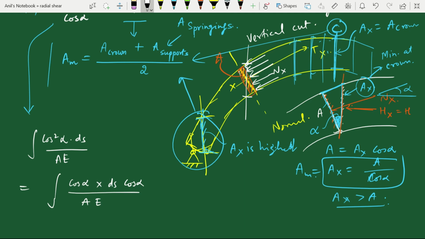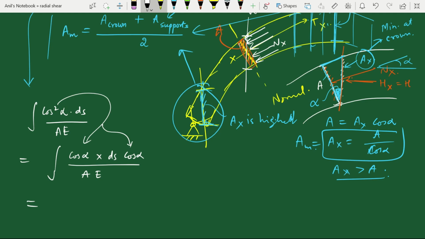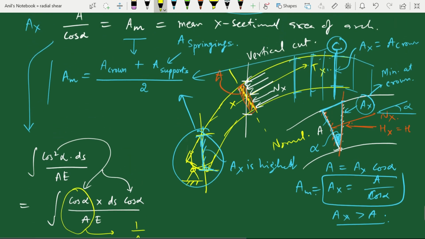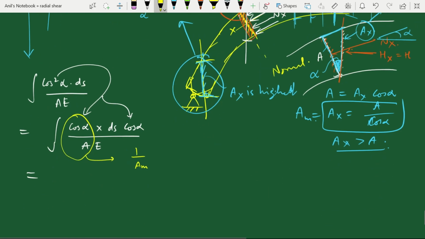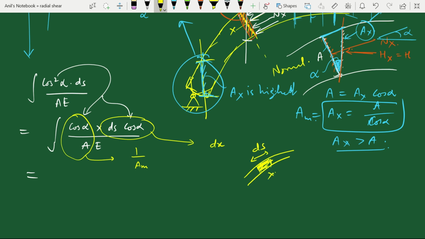So cos square alpha has been separated into two parts. Now here A by cos alpha is 1 by AM from here, and ds cos alpha is dx, because ds is a very small length considered at x, and dx is its horizontal component.